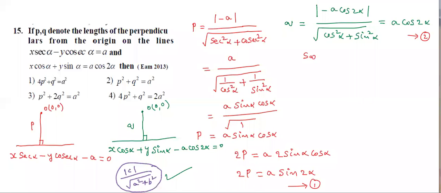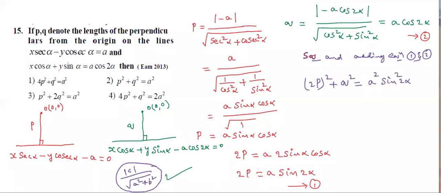Squaring and adding equation 1 and 2. Equation 1 left hand side 2p whole square plus equation 2 q square is equal to the right hand side, a sin 2 alpha whole square, that means a square sin square 2 alpha plus a square cos square 2 alpha.